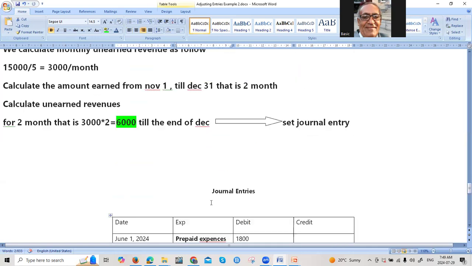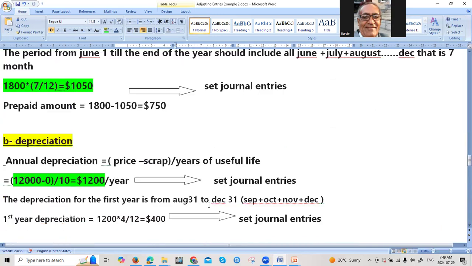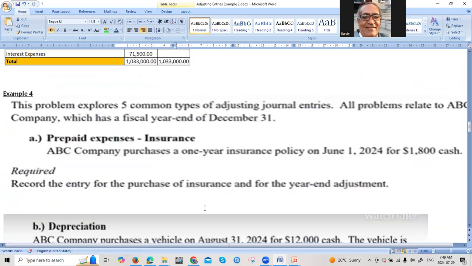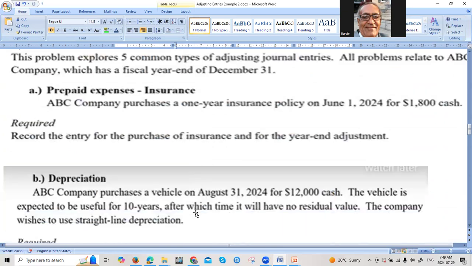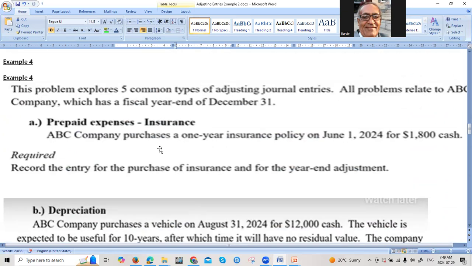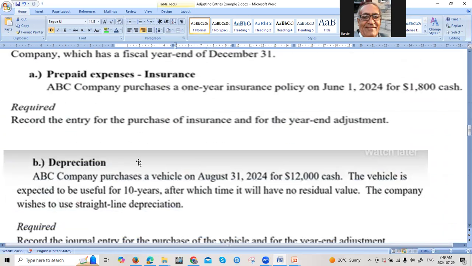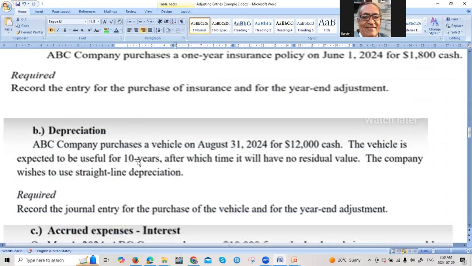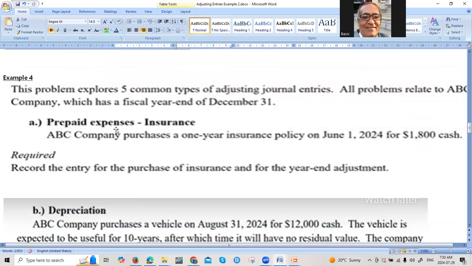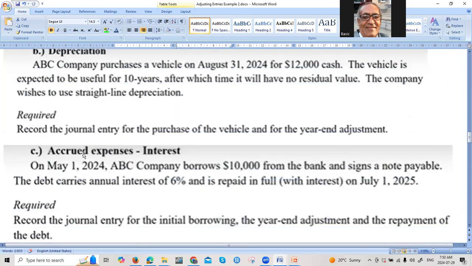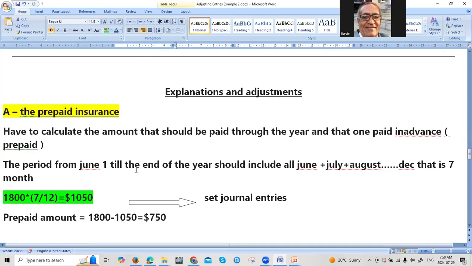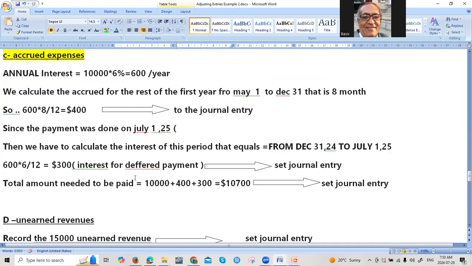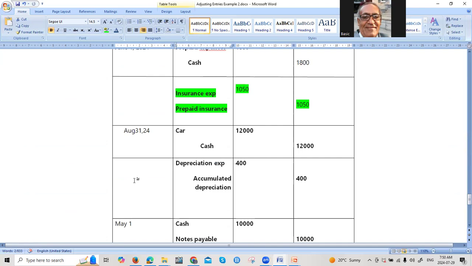That was quickly the 4 types of the major journal entry adjustments: prepaid expenses, depreciation, accrued expenses, and unearned revenues. This was a simple example to make it easy for you to know what to do.